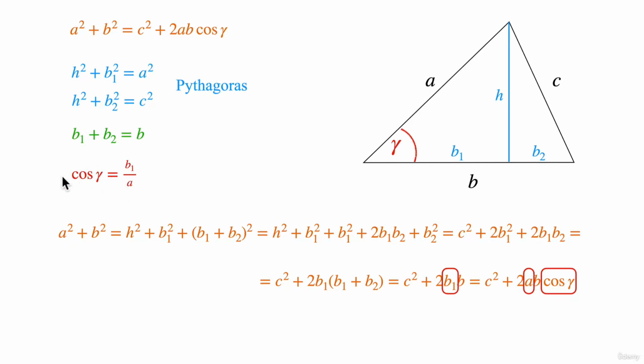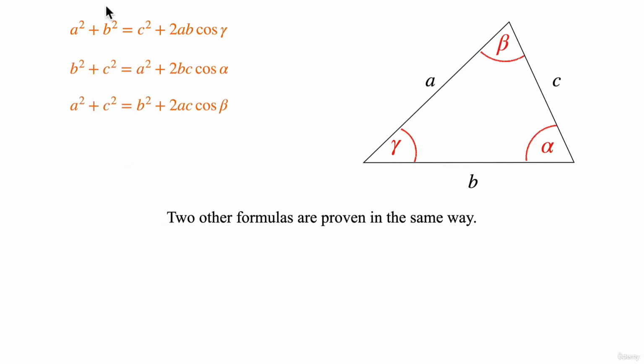You see, because cosine gamma is the quotient b1 divided by a, so b1 can be expressed as a times cosine gamma. So we put it instead of b1. And this is exactly what we were hoping for, the right-hand side of this formula. And the two other formulas are proven in exactly the same way.